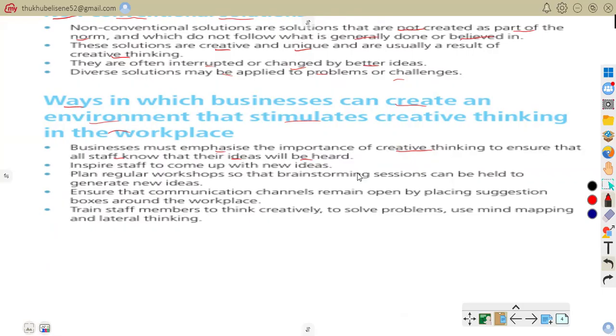So make sure that you emphasize the importance of creative thinking.